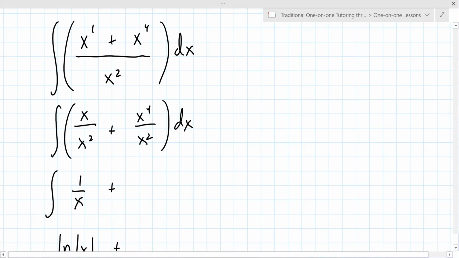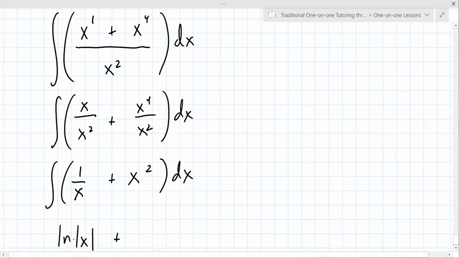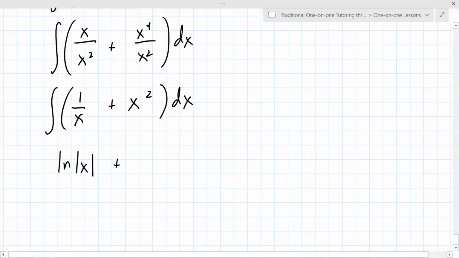What does this become on the right when you simplify it? Becomes x squared. That's right. Okay, so I agree. 1 over x becomes natural log of x. Continue. Okay, so it's going to be x to the 3rd over 3. Anything else over here? Plus c. Let's see. Very good.